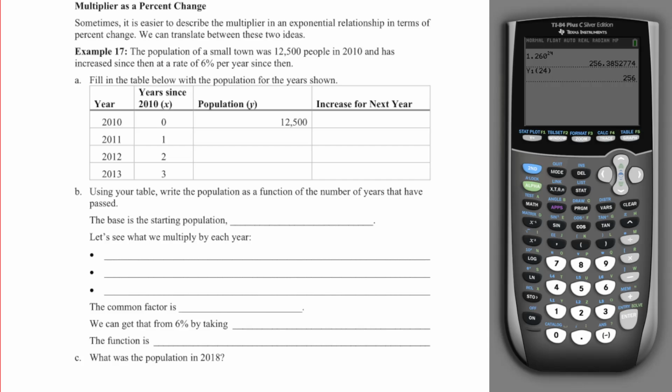So to find the increase on 2010, we'll take 12,500 times 6%, and we'll get 750.